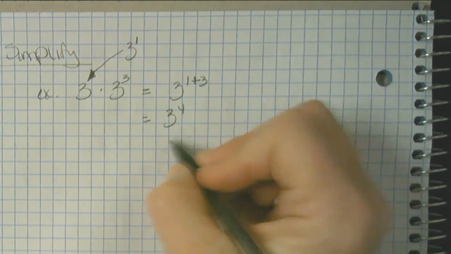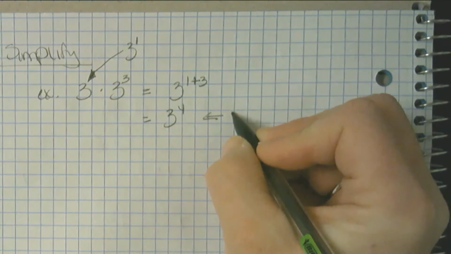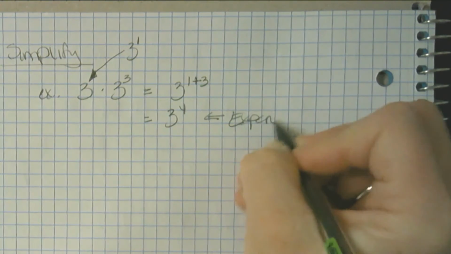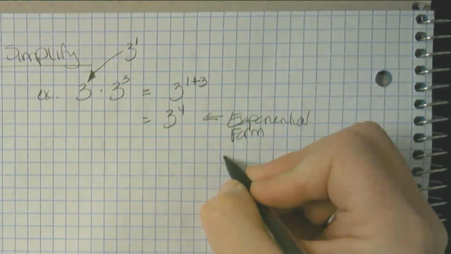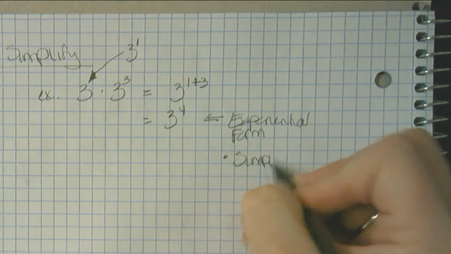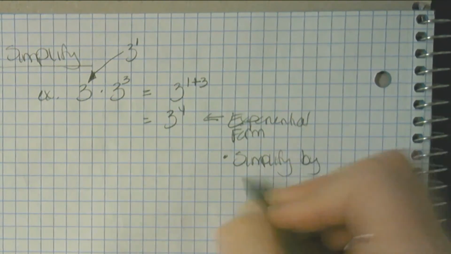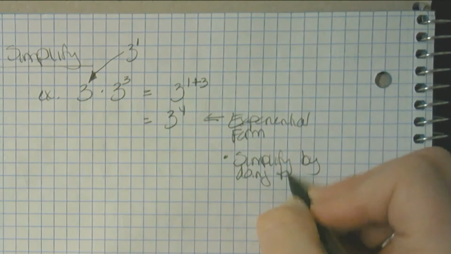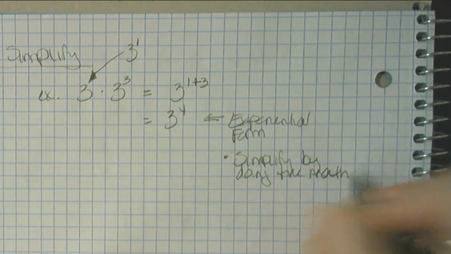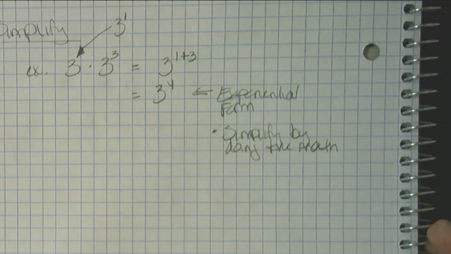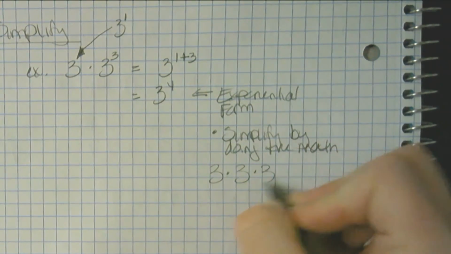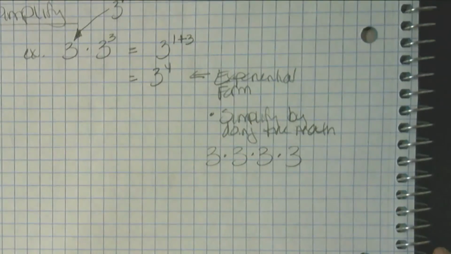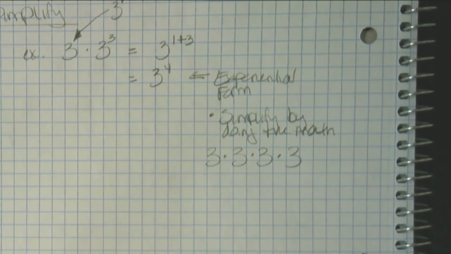So what we want to do is, this is exponential form. To simplify by doing the math, I need to do 3 times 3 times 3 times 3. Anything over a power of 2, I want to see your work. So if that was 3 to the second power, obviously you can do that on your own.